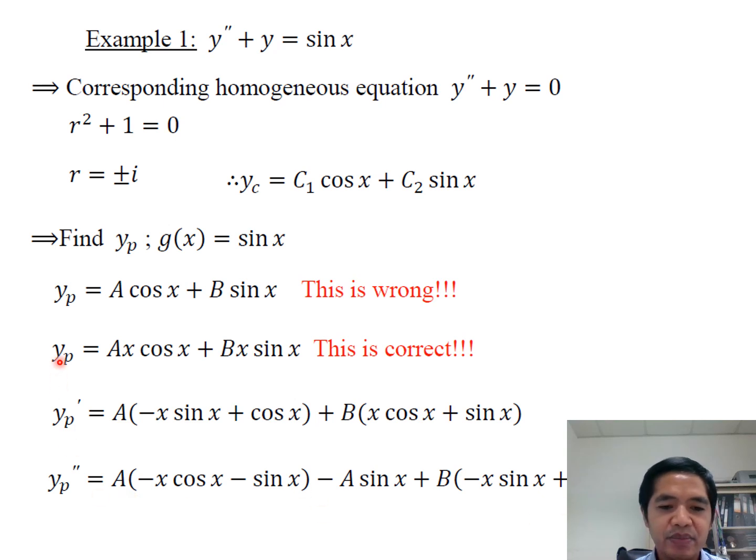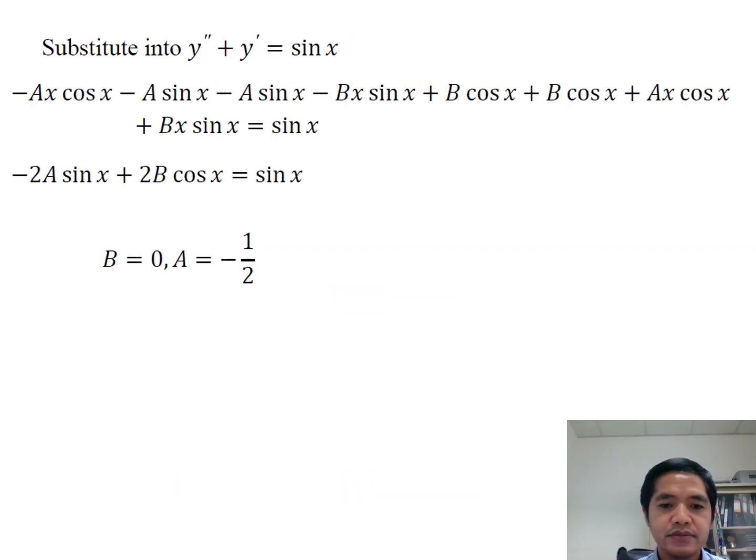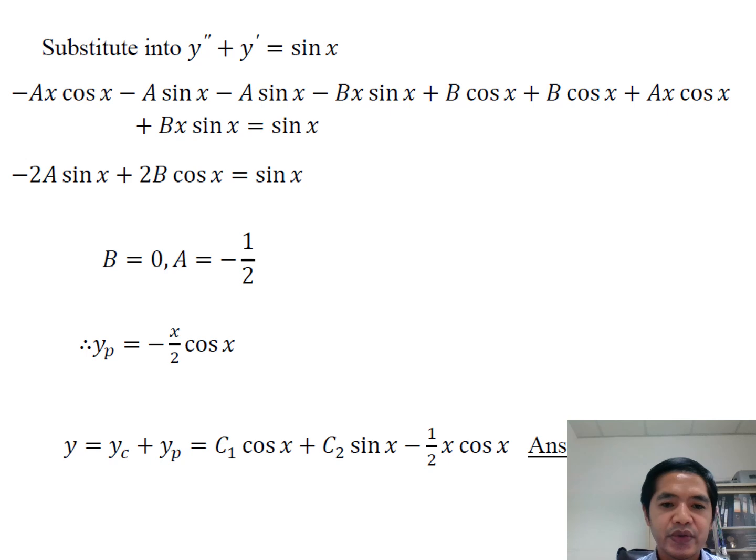Then after you get yp prime and yp double prime, substitute into y double prime plus y. I'm not going to tell you all the details, just get the idea.